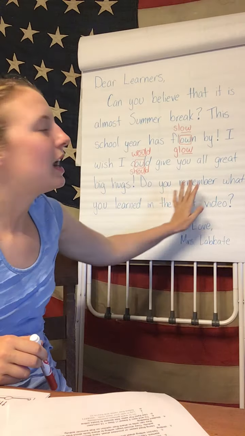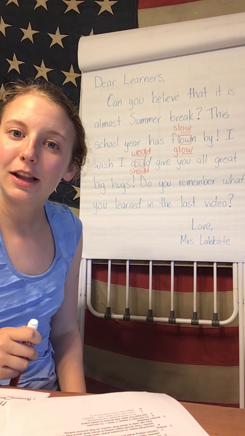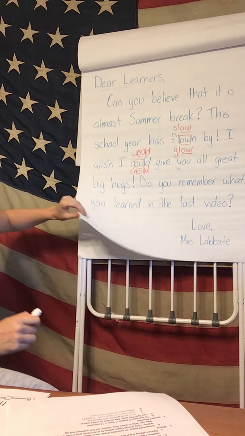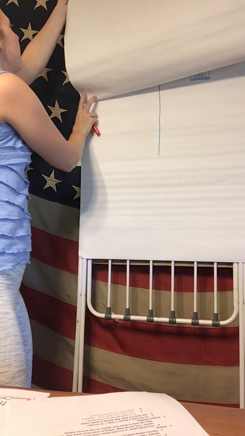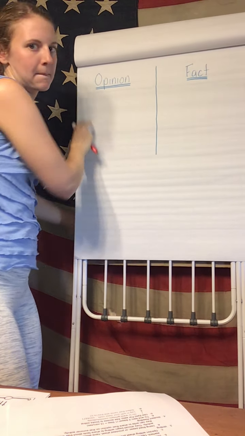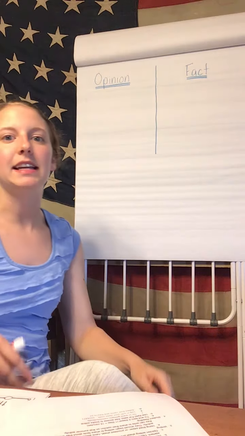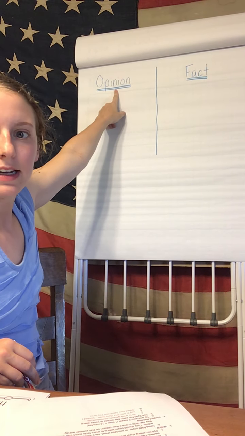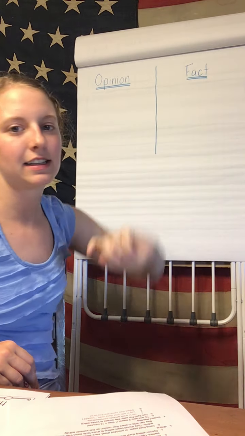All right, so now we're going to keep moving and we're going to be learning something new today. Let me go ahead and flip the sheet. As you can see, today we're going to be looking at opinion and fact.